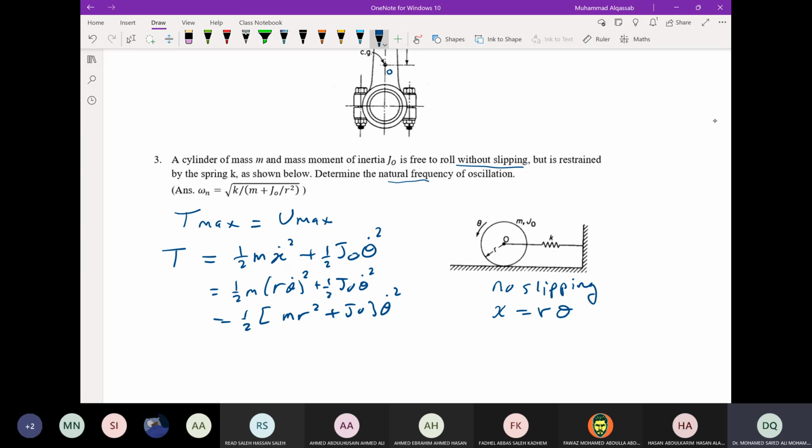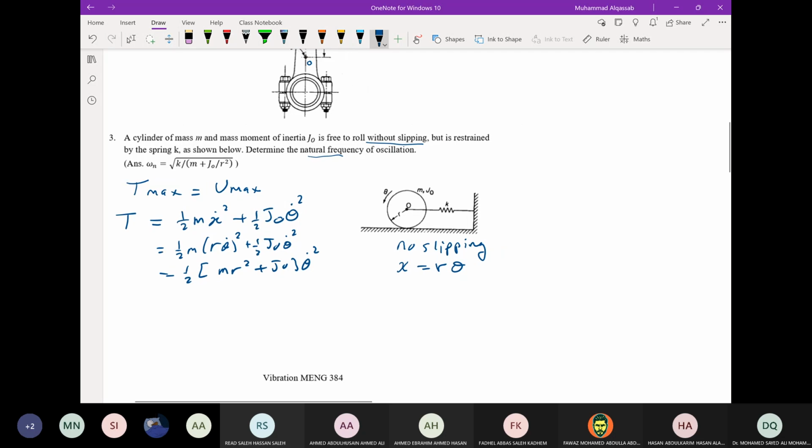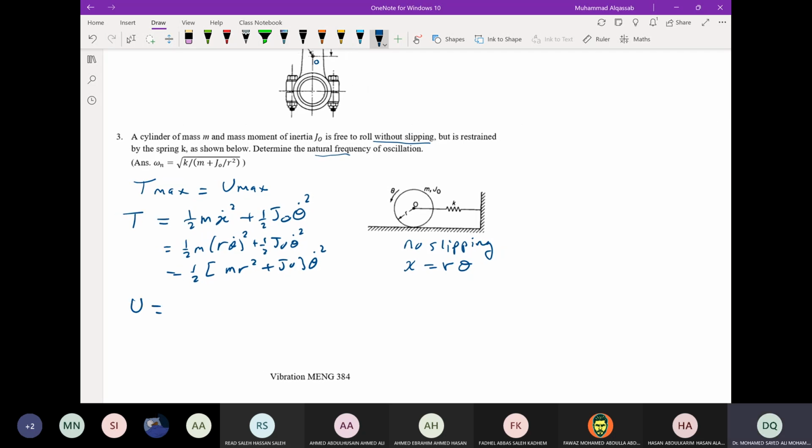And then the potential energy U is only the strain energy of the spring because the cylinder is rolling on a horizontal surface. So there is no change in potential energy due to gravity.